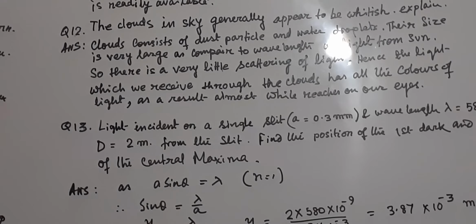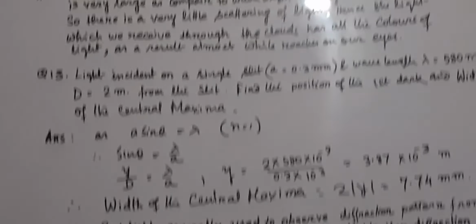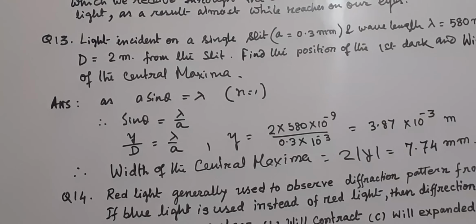Now, question number 13. Light incident on a single slit, a equal to 0.3 millimeter, wavelength lambda equal to 580 nanometer, D equal to 2 meter from the slit. Find the position of the first dark and the width of the central maximum. We understand that a sin theta will be n lambda, where n equal to 1 will give the first dark, first minima.